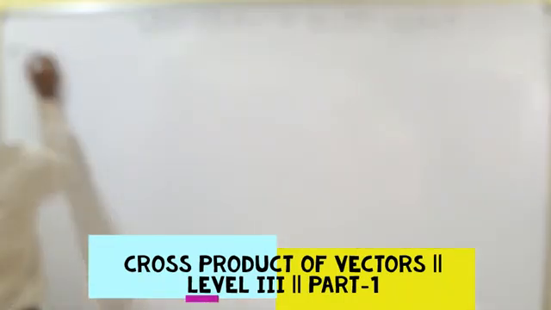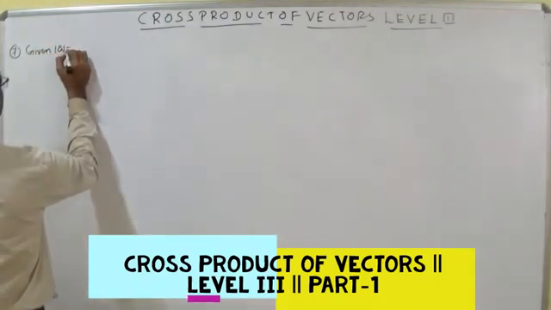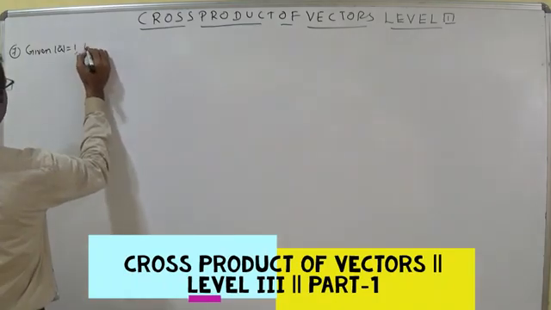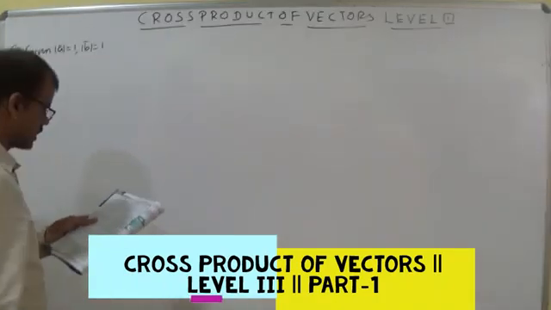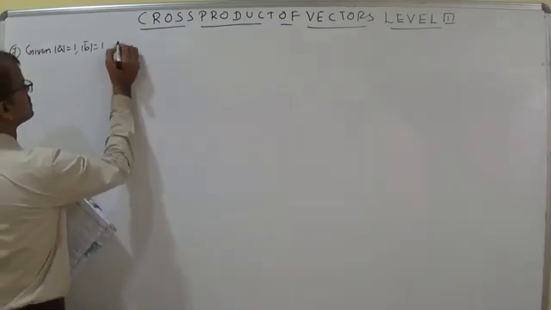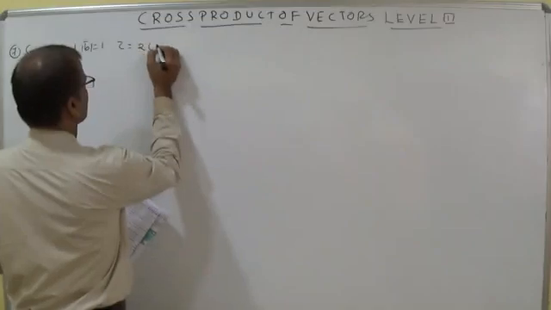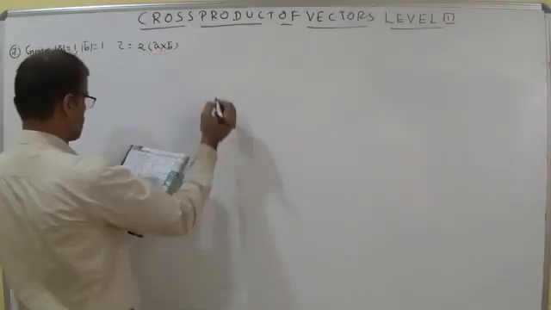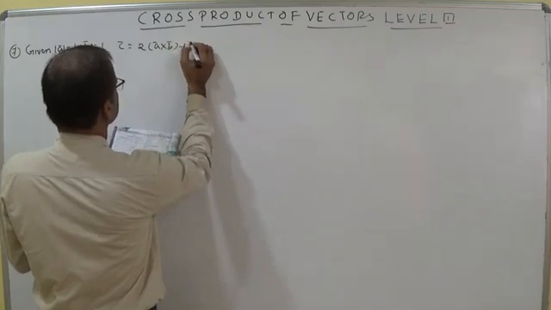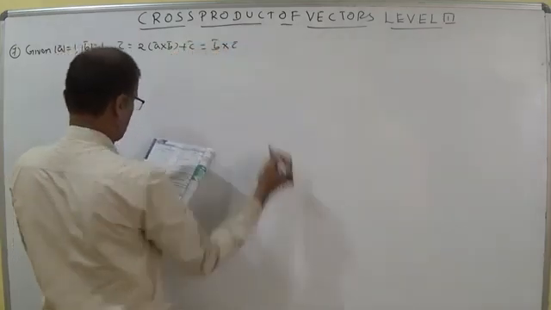I am writing the given data. A is a unit vector, mod A is equal to 1 and mod B is equal to 1. And C bar satisfies 2 into A bar cross B bar plus C bar is equal to B bar cross C bar.